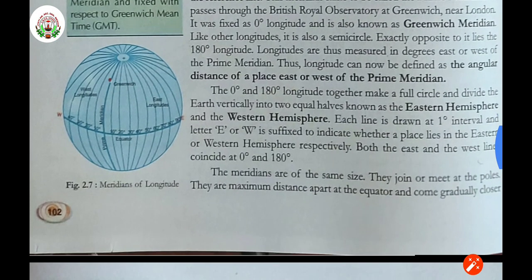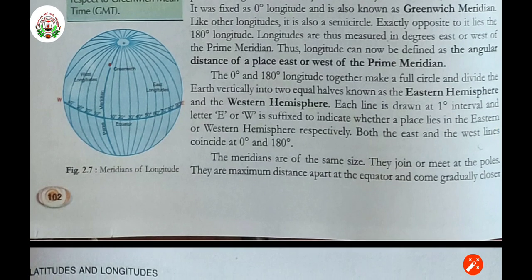Now, the 0 degree and 180 degree longitude together make a full circle and divide the earth vertically into two halves, known as the eastern hemisphere and the western hemisphere. Each line is drawn at 1 degree interval and the letter E or W is suffixed, like N and S in the north and south.